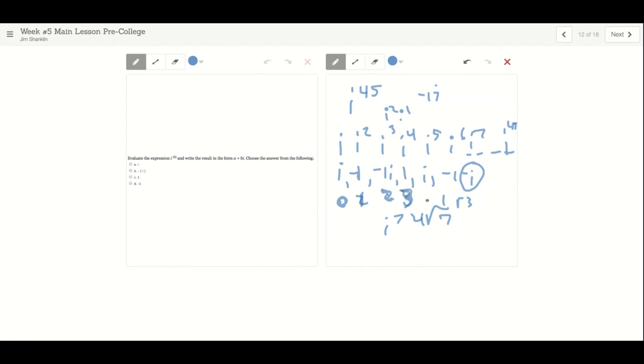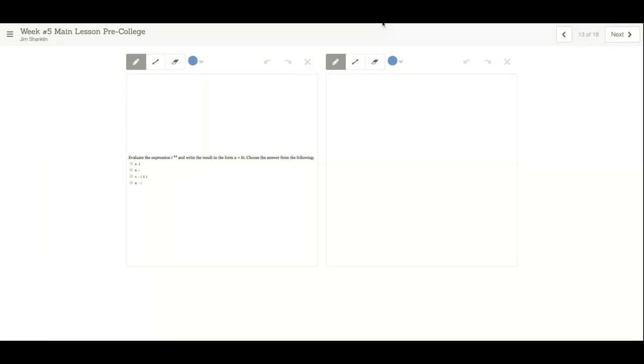So remainder 2 would be negative 1. This would be remainder 0, remainder 1, remainder 2, remainder 3, and then it starts all over again. So in this problem, we have a remainder of 0, right? Our answer should just be i, shouldn't it?